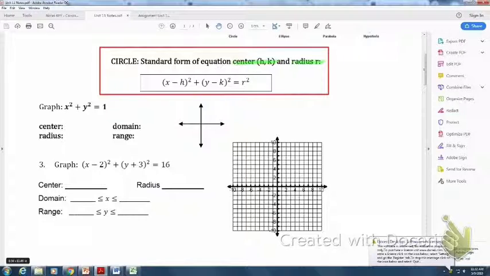So on circles, that's all you have to know is the center point and the radius, and you can write the equation. It's always going to be x minus the x value of the center point squared plus y minus the y value of the center point squared equals radius squared. That's it. Once you have that written down, go to those first two problems on the homework, and we'll walk through those.